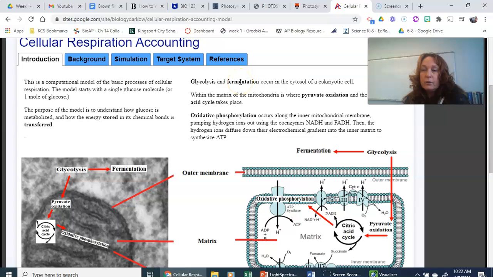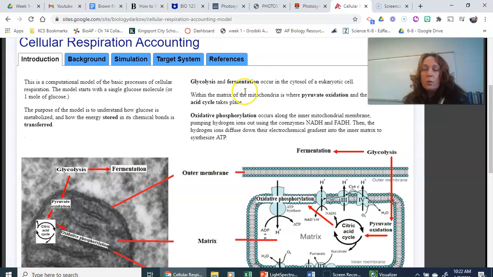The electrons from NADH are given to pyruvate. Pyruvate becomes reduced into lactate, and that allows glycolysis to continue, and that's called lactic acid fermentation.